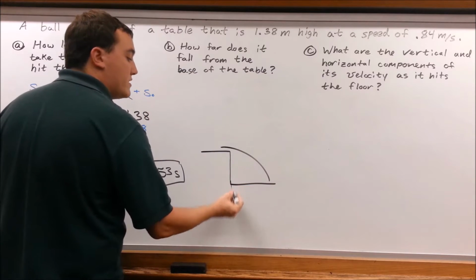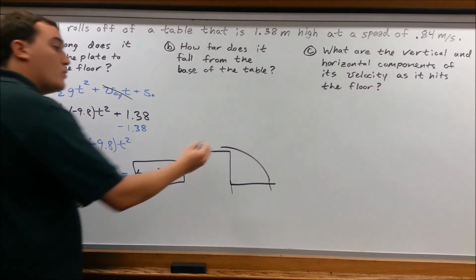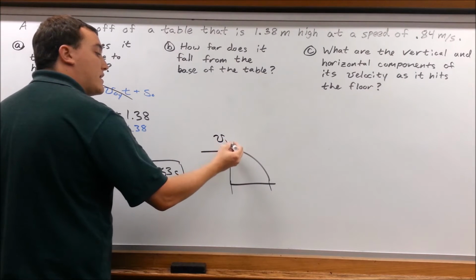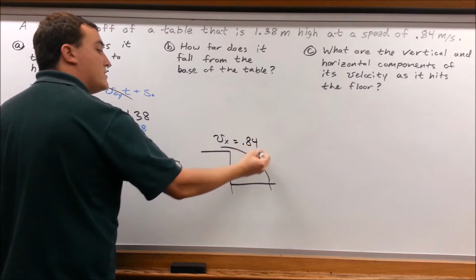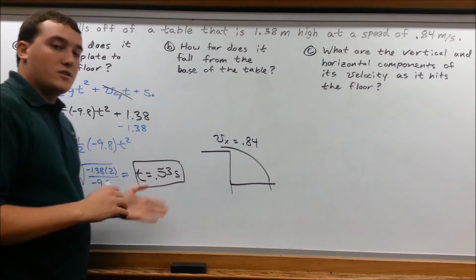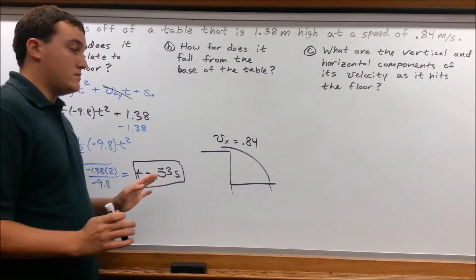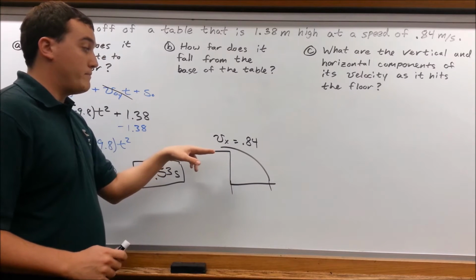So we want to know this distance right here. We know the velocity in the x direction is 0.84. Velocity in the x direction and the y direction are totally different. So we know it's moving at this speed the entire time.